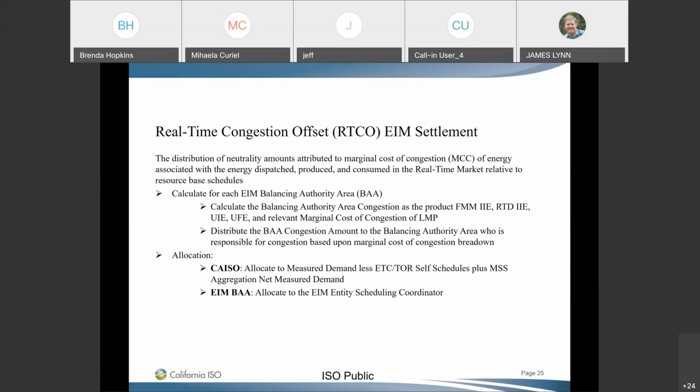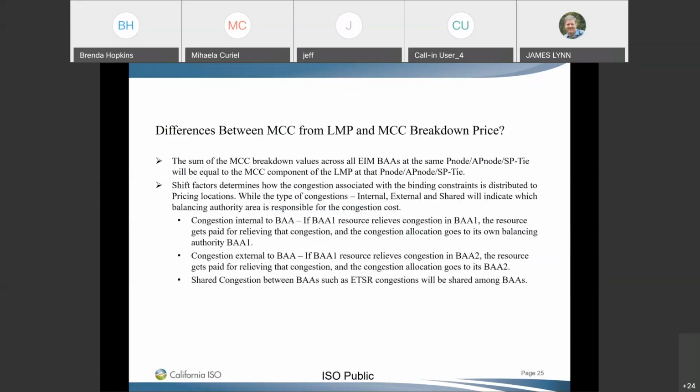This is, in essence, a lot of it's congestion rent. So what we look for, what causes it, is you have to look at what is congestion which is internal, what is congestion that is external, and what is congestion that is shared.